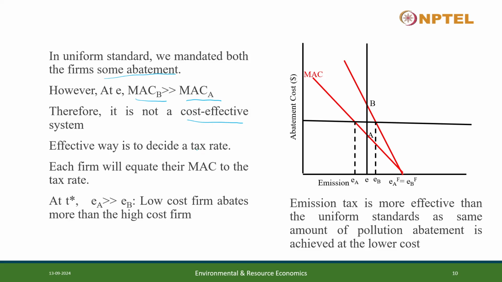The effective way is to decide a tax rate, that is T, and each firm will equate their MAC to the tax rate, and we get EA and EB from this intersection of the marginal abatement cost curve with the tax. O and O dash are the intersections. From here we get EA, which is much more than EB. So you have to look from this distance, because the axis shows the emission, not the abatement.